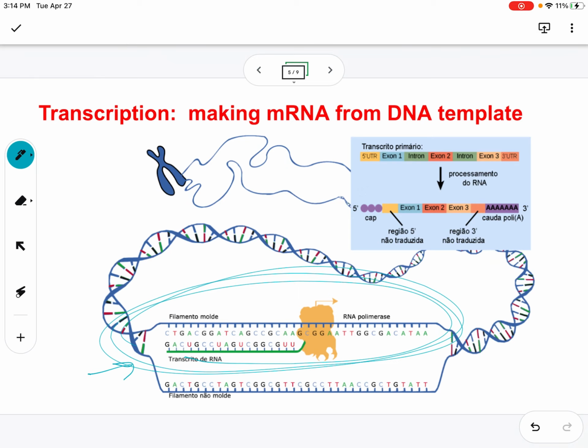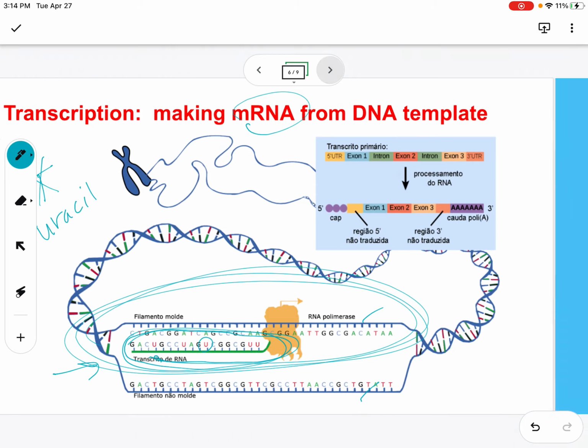Okay. Remember, when we're making mRNA, there is no thymine. It's uracil. And it's going to be only 1 strand right here. Whereas DNA is 2 strands, RNA is only 1 strand, and it has uracil. So if ever you see that U, we know it's a strand of RNA.